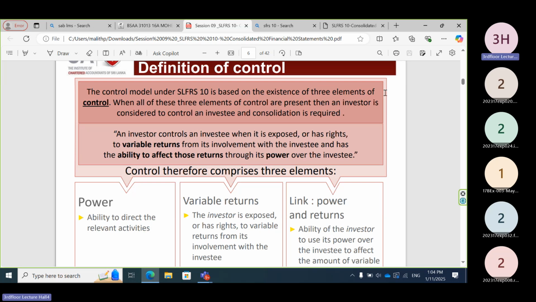In your own terms, you can write basically what the purpose is: your power will be used to change the variable return.